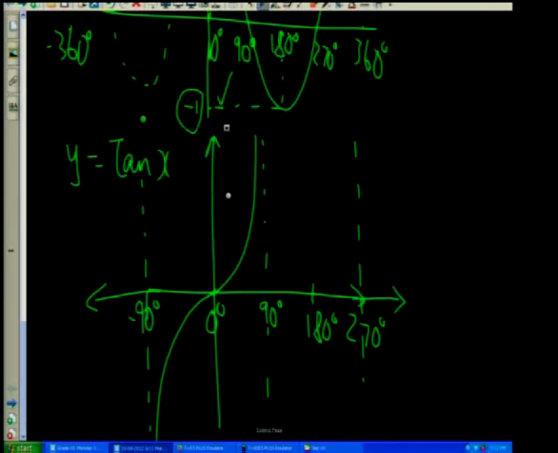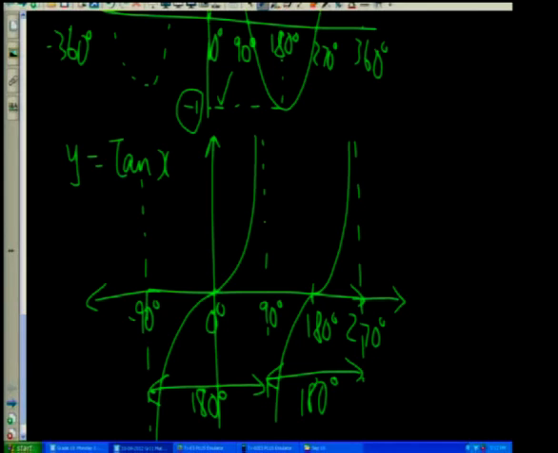All right? Down and up. So every odd multiple, as you can see, you've got this graph repeating itself. So between 90 and 270 is 180 degrees. So that shape repeats itself every 180 degrees. From minus 90 to 90 is 180 degrees again.